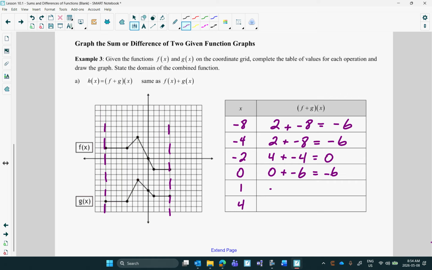For 1, it's -2 for f of x, -7 for g of x, gives me -9. And then finally for 4, I get the same -2, right? Yeah. -2 plus -7 gives me -9. And then all you do is plot those new points and draw the shape.